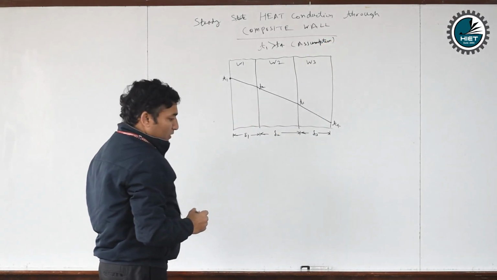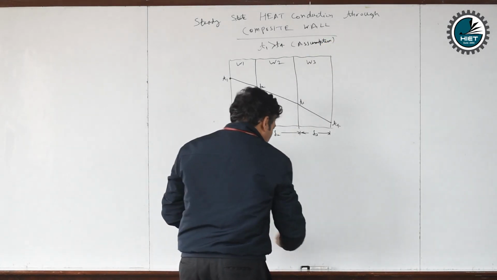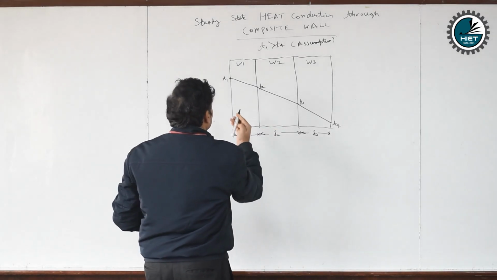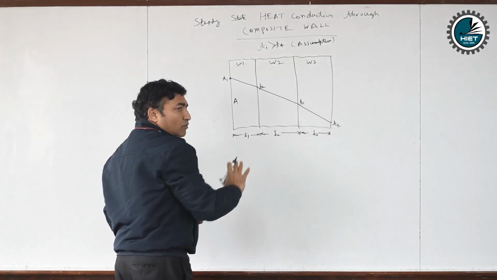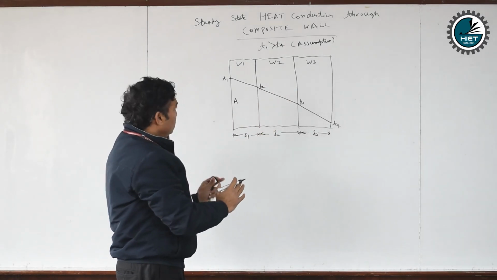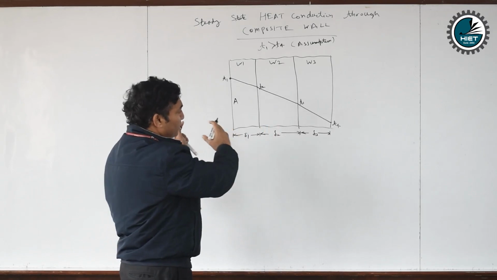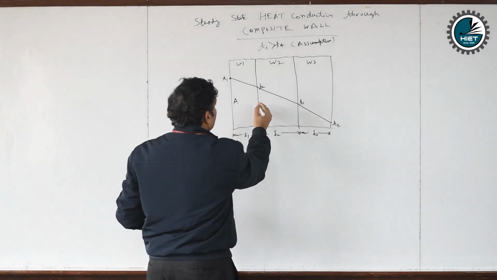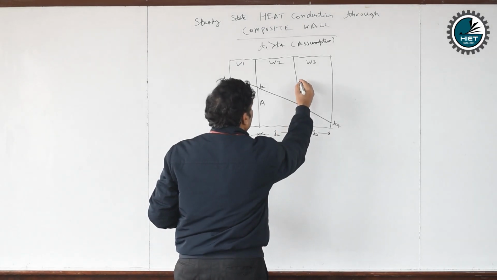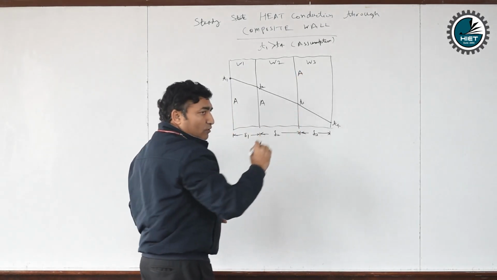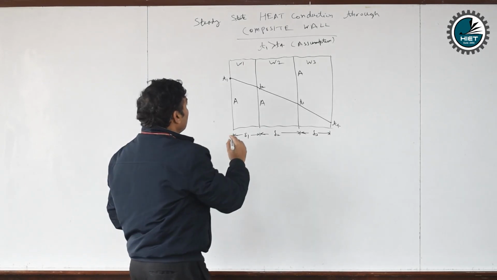Okay, and now other things: suppose the cross-sectional area of wall 1 is A, and since these 3 walls are connected, their cross-sectional areas are the same, so they are in series connection. So the cross-sectional area of wall 2 is also A, and the cross-sectional area of wall 3 is also A. So all 3 walls have the same cross-sectional area.